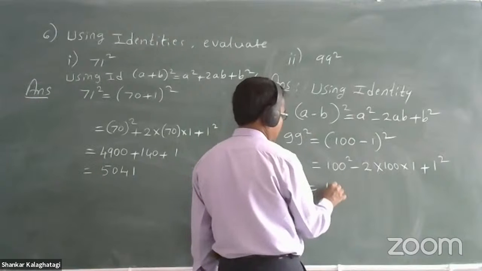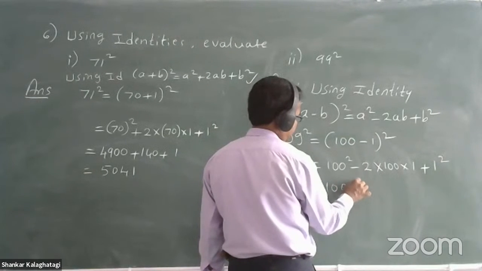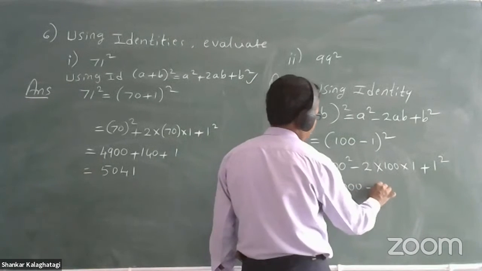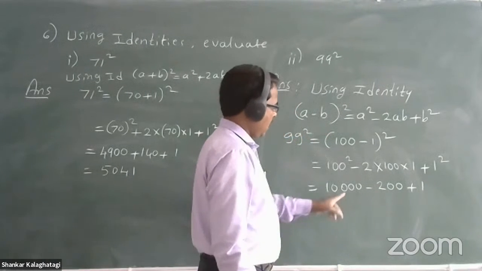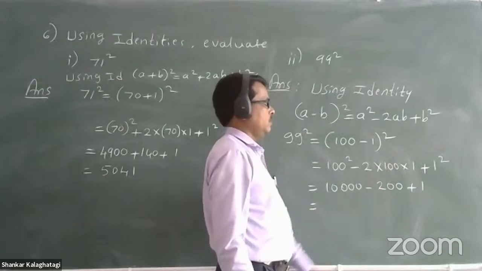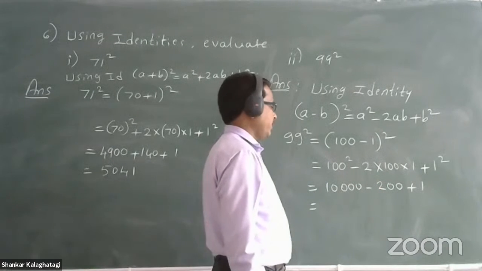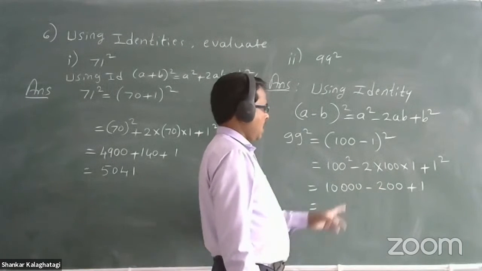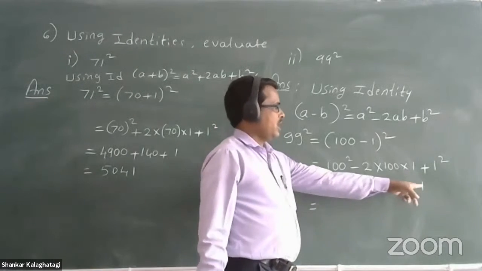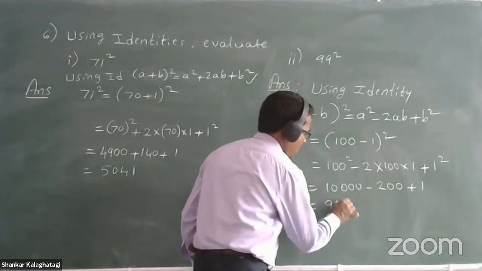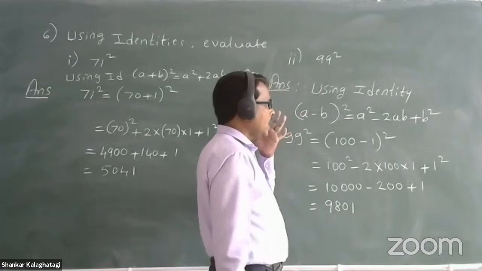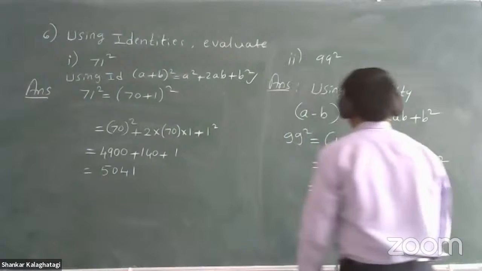So 100 square is 10,000 minus 200 plus 1. Calculation becomes easy. 10,000 minus 200 is 9,800, plus 1, 9,801. Mental calculation you can do.